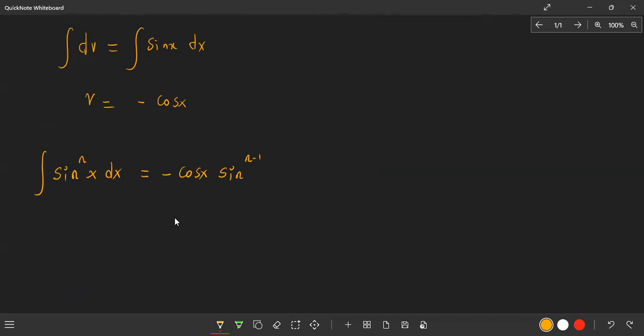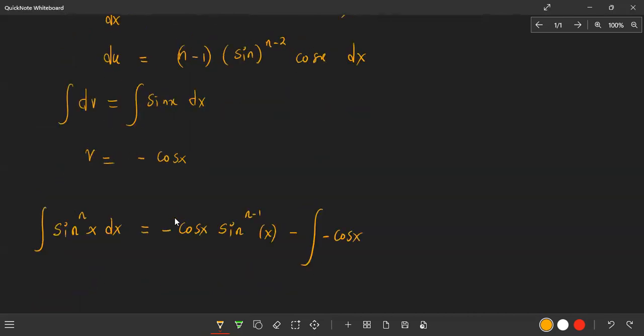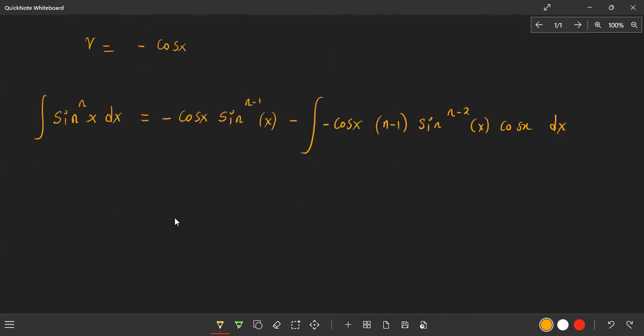And then minus the integral v du. Our v is negative cos x, and our du is n minus 1, sine n minus 2 x, and then cos x, and then dx.